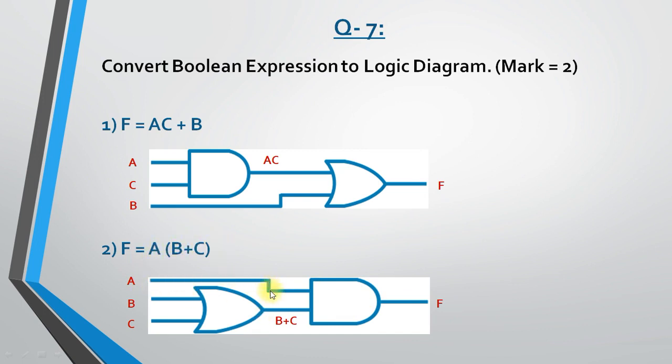A I pass directly into the AND gate, and to represent B plus C I draw the OR gate over here, and finally B plus C I get over here, and I pass it as the second input of the AND gate.